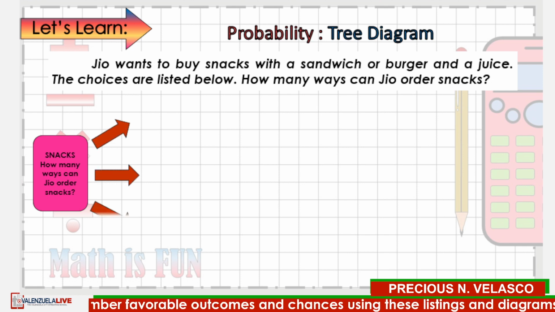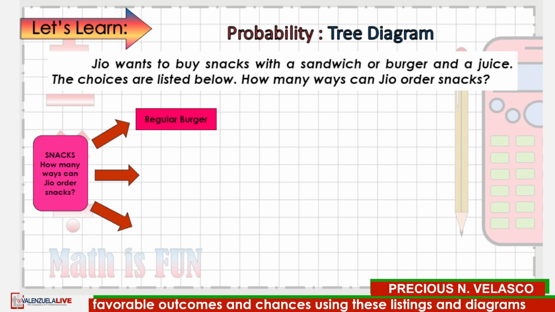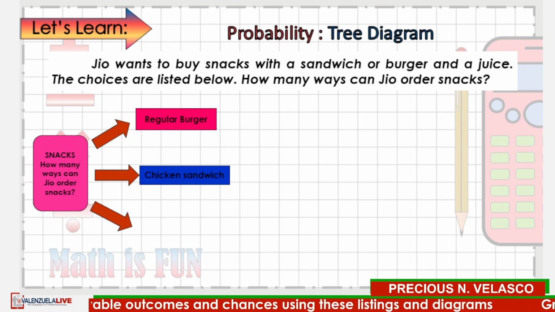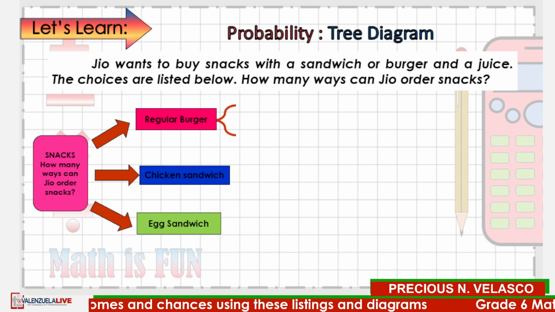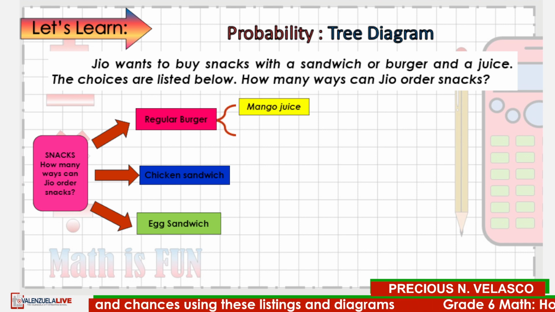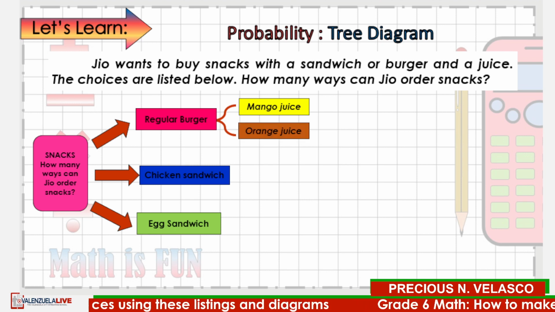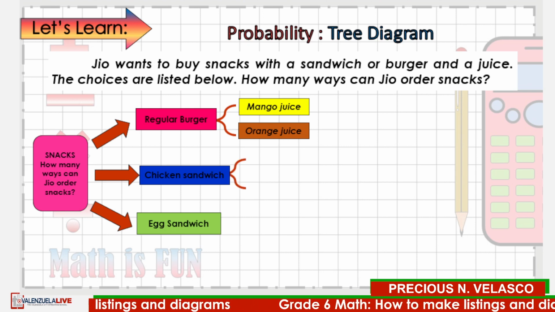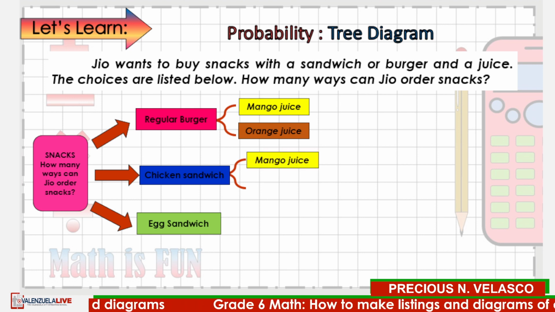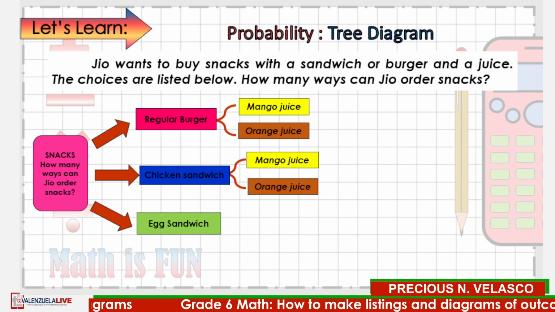So we have regular burger, chicken sandwich, and an egg sandwich. For the regular burger, he can choose a combination of mango juice or an orange juice. For the chicken sandwich, same with the regular burger, he can also choose if he's going to get a mango juice or an orange juice.